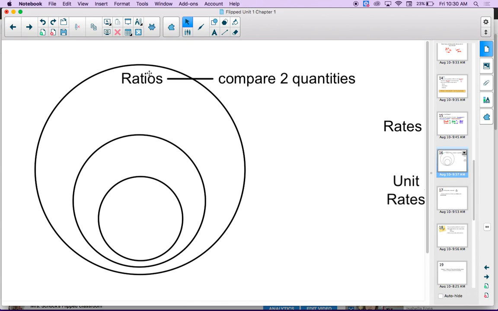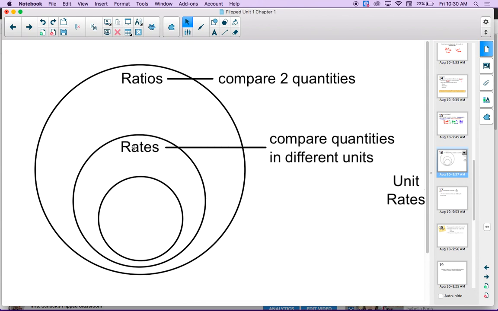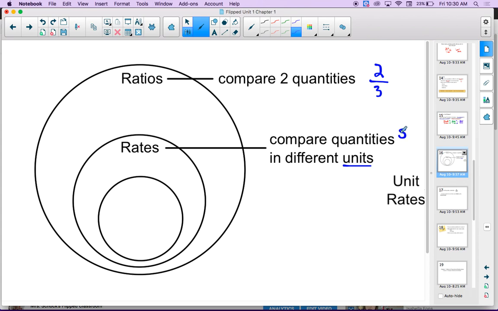Okay, now if we get a little more specific on our ratios, we can turn them into rates. Turn them into rates by adding units to our quantities. Okay, so if we just had 2 to 3 here, that would be a ratio. If we have $2 per 3 hours, that would be now a rate because we have units in our comparison there.